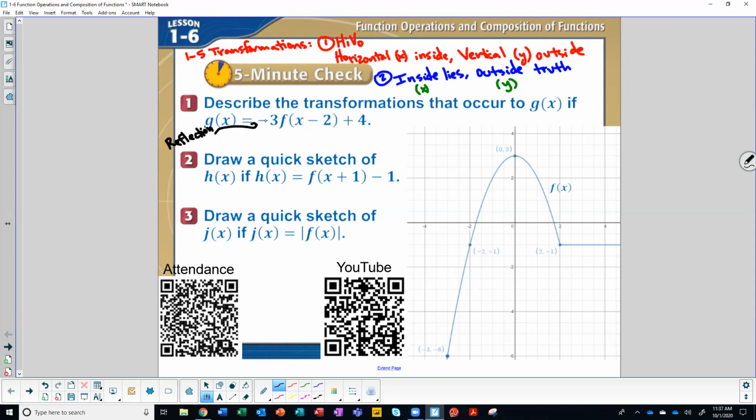This negative is occurring on the outside of this parenthesis. So I want you to look up here and determine, is it horizontal or vertical if it's outside? So since this negative is on the outside, this has to be vertical, meaning it's going to affect the Y values. So it's a vertical reflection.